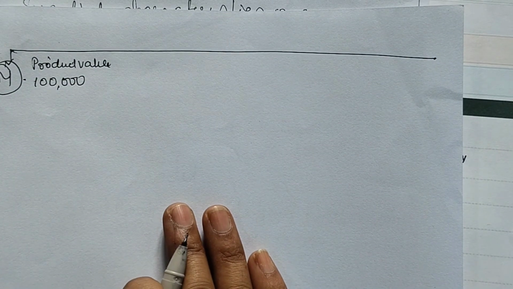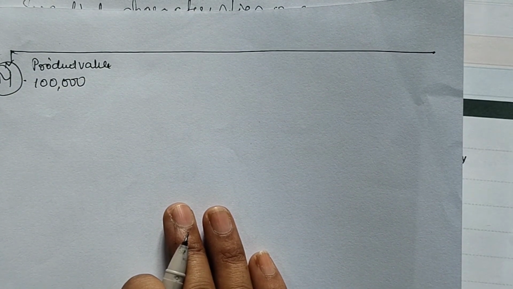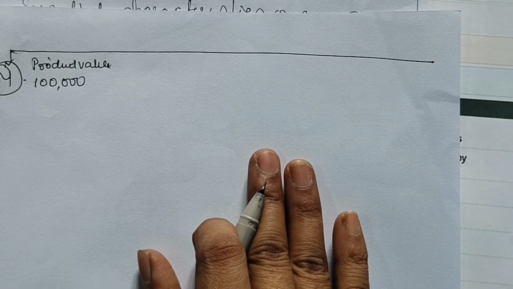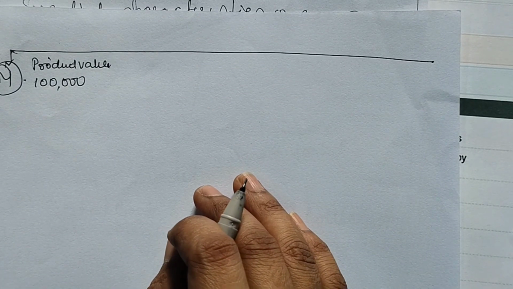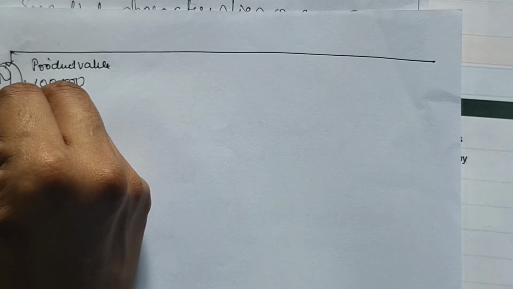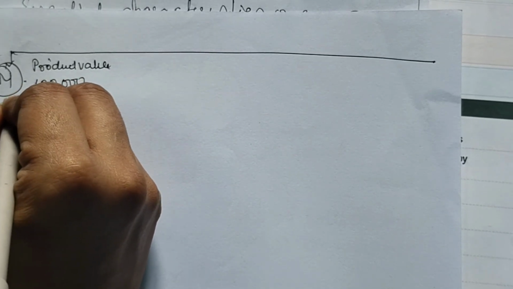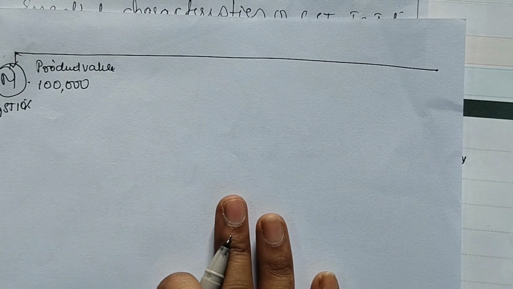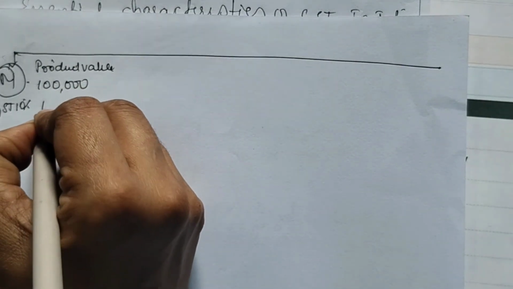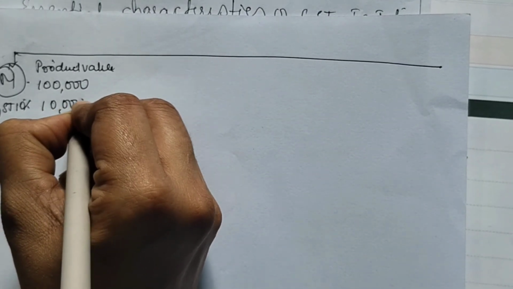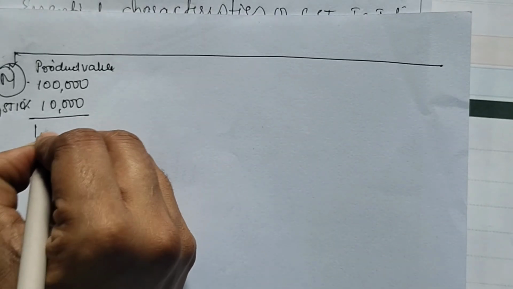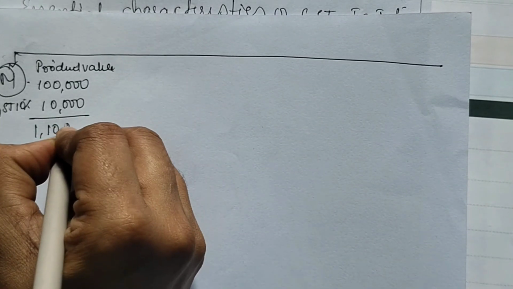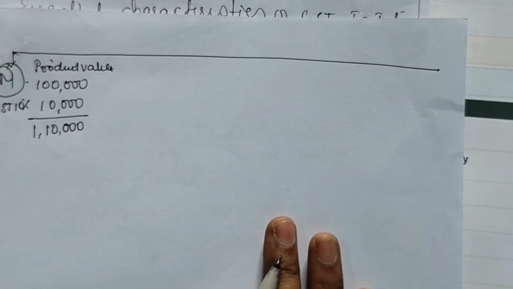Here I am taking an example of 10%. There is no 10% in GST. For simplification of the calculation, I am going to take 10%. GST is 10% on this. This is 10,000. Total how much? 1 lakh 10,000.